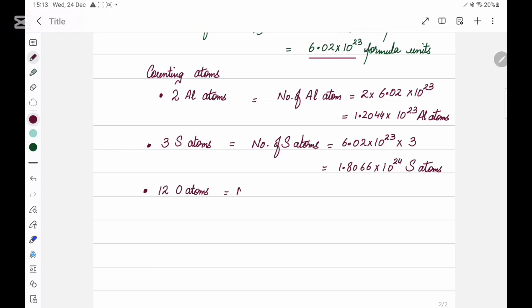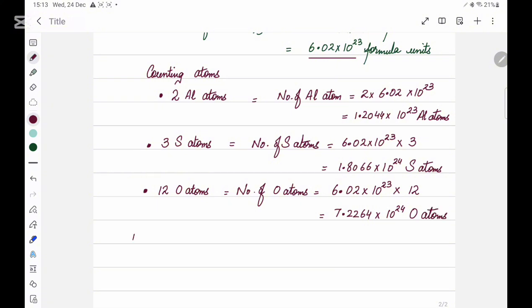Now, to find the number of oxygen atoms, I simply multiply 6.02 times 10 raised to power 23 by 12, and the answer comes out to be 7.2264 times 10 raised to power 24 oxygen atoms.